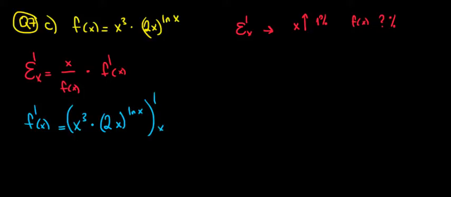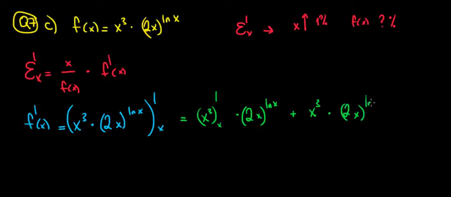Now we have a product, which means that we will apply the product rule. So we have the derivative of the first term, x cubed derivative with respect to x, times 2x to the power of ln of x plus x cubed times the derivative of the second term with respect to x. So 2x to the power ln x derivative with respect to x.